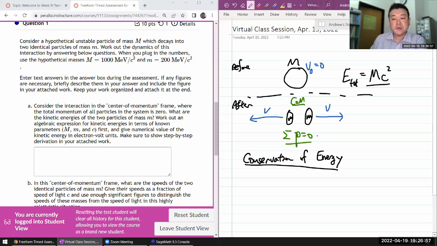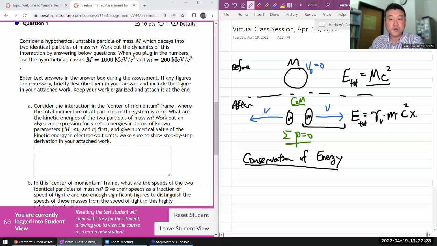In the after picture, I could write down the energy for one of them, and I just double it since it's symmetric. So after the breakup, the total energy would be gamma corresponding to that speed v times the mass m, c squared, and times 2, since there's 2 of them. So that's the total energy after the breakup.